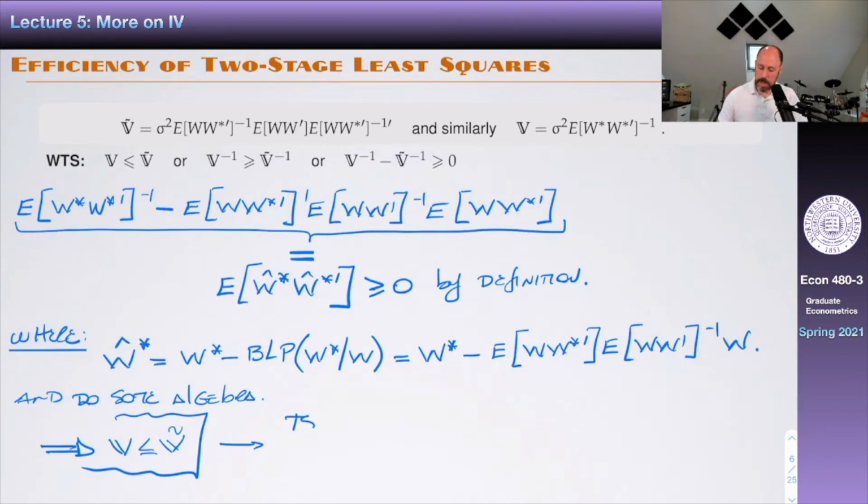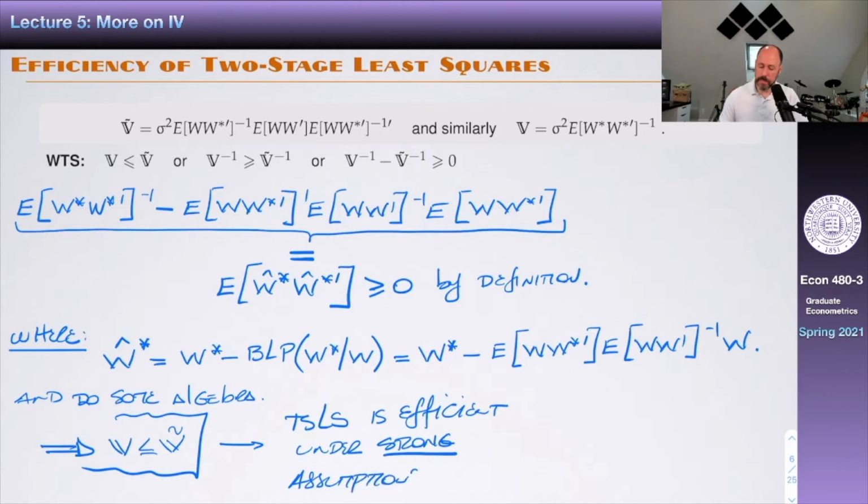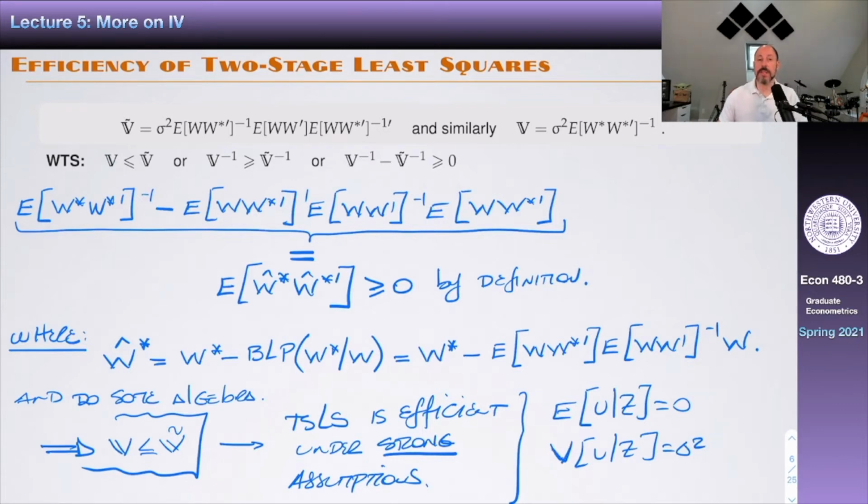And so two-stage least squares is efficient, or I should say asymptotically efficient, but I'm going to be using just the word efficient, under strong assumptions. Mainly, these strong assumptions are that the expected value of u given z is 0, and the variance of u is sigma squared, which are the assumptions that give us homoskedasticity.